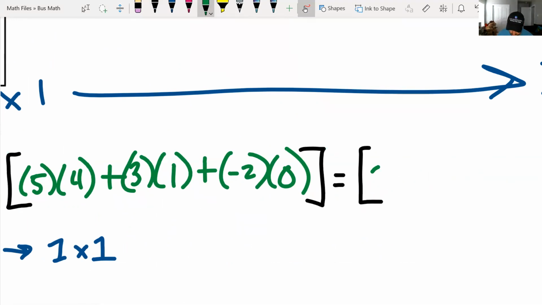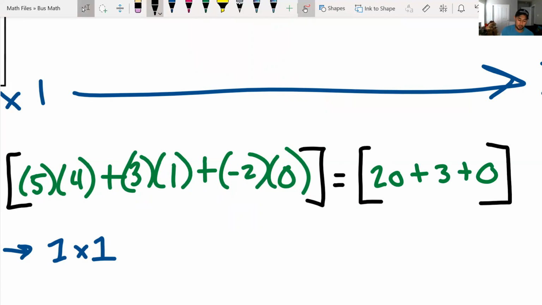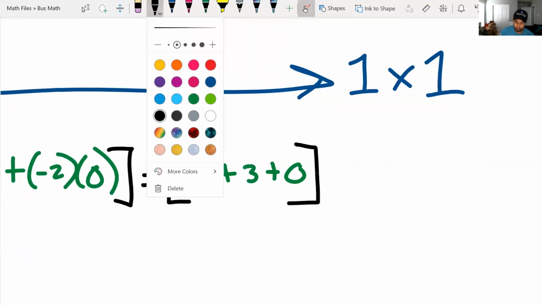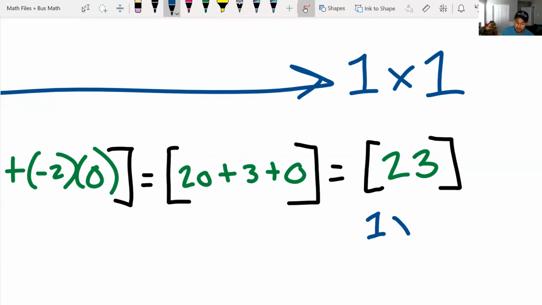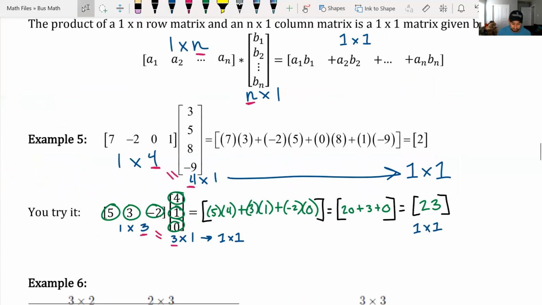You get 20 plus 3 plus 0, which leaves us with 23, which is our 1 by 1. There you go. So that's how we do that.